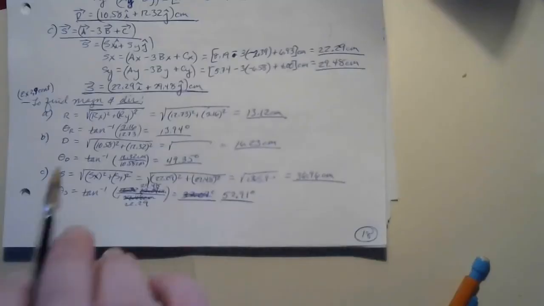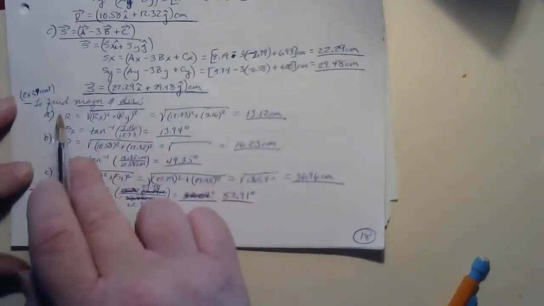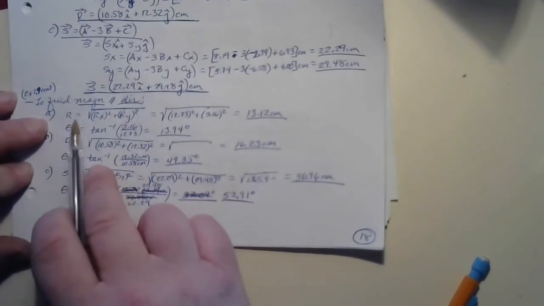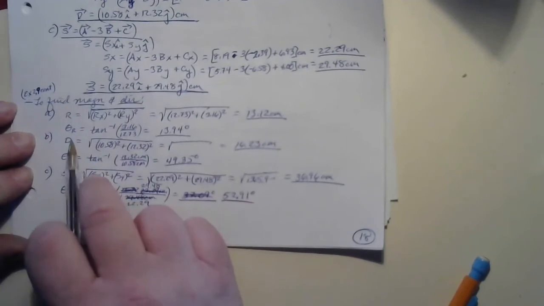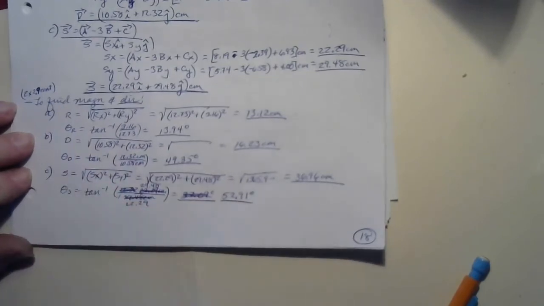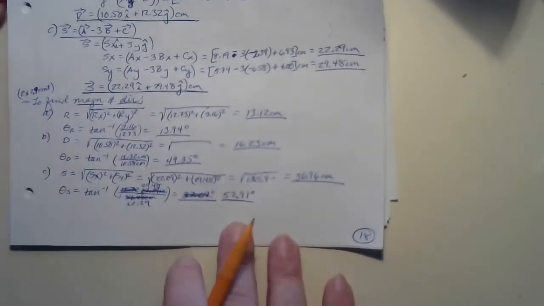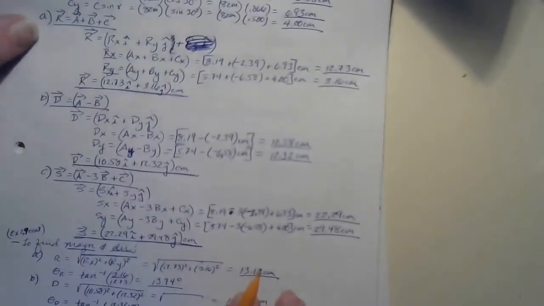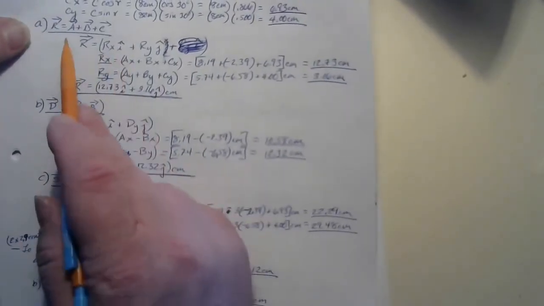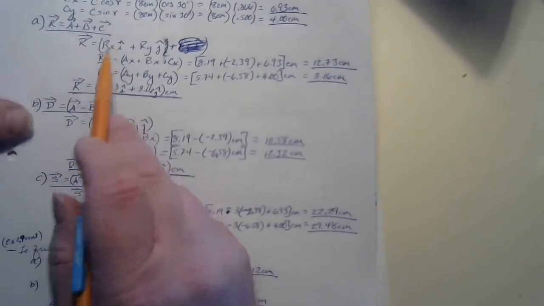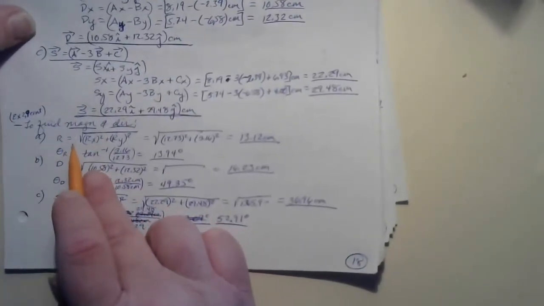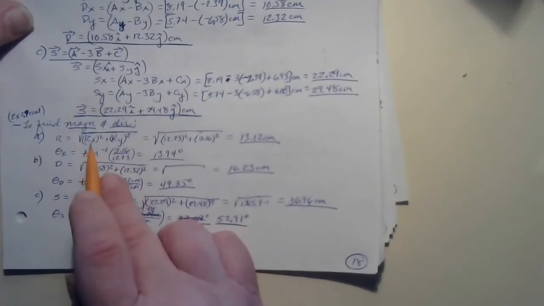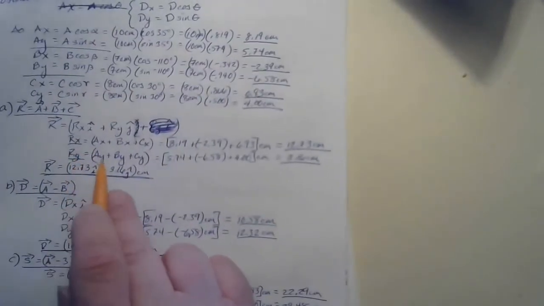Okay, to continue that example, you might want to know what are the magnitude and directions of the resultant vector, or the difference vector, or the vector S that result from these operations. So remember, the resultant vector is just the total of A plus B plus C. If you want to know the magnitude of the vector, we've got the equation for the vector in terms of the unit vectors i and j.